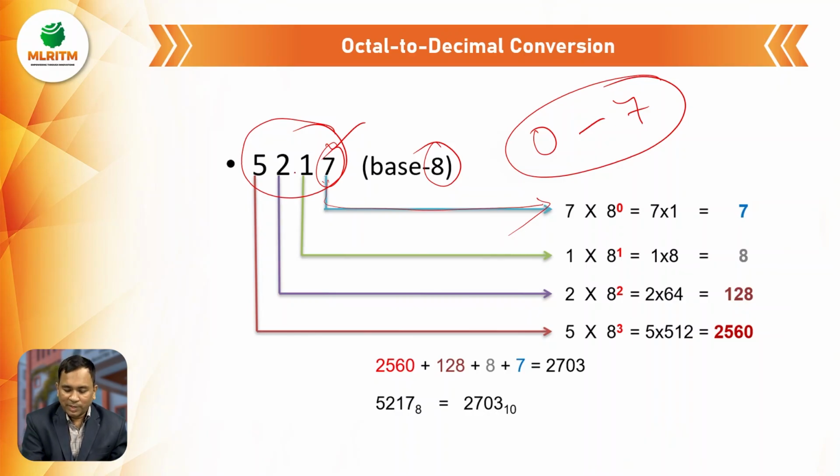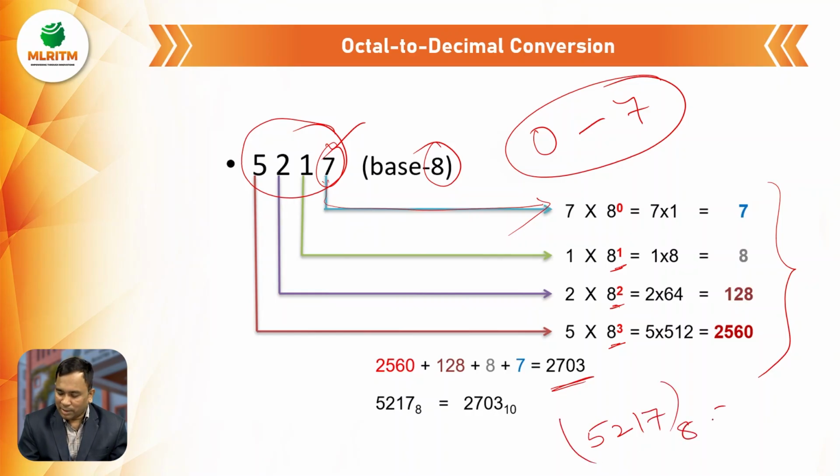So 8 power 0, next 1 into 8 power 1, 2 into 8 power 2, 5 into 8 power 3. After doing some mathematical calculations, finally I got the addition of the values: 2703. My input is 5217 in octal, but what I got is 2703 in decimal. My input is in octal format, my output is in decimal format.